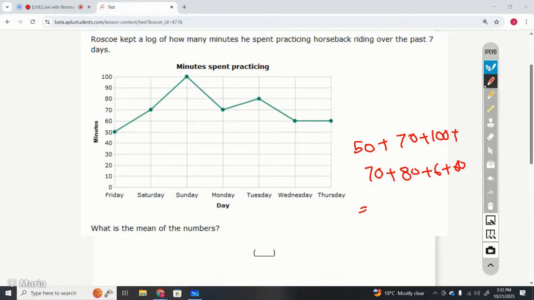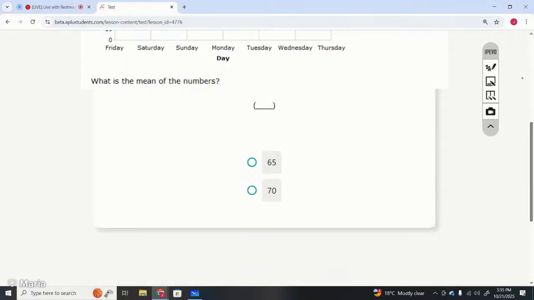Their sum is 490. So 490 divided by 7 is 70. So the mean is 70. What is the correct option?